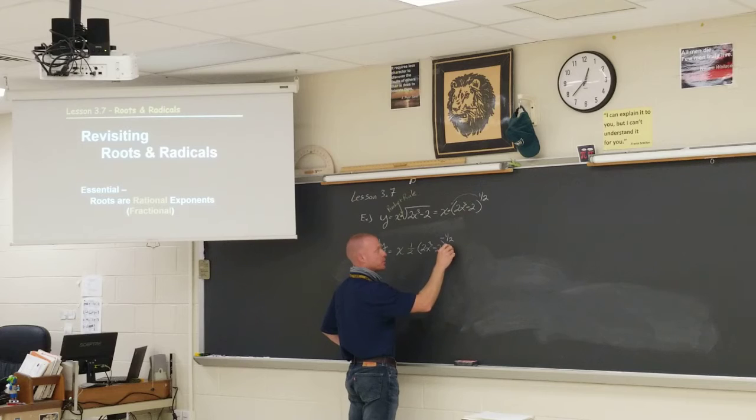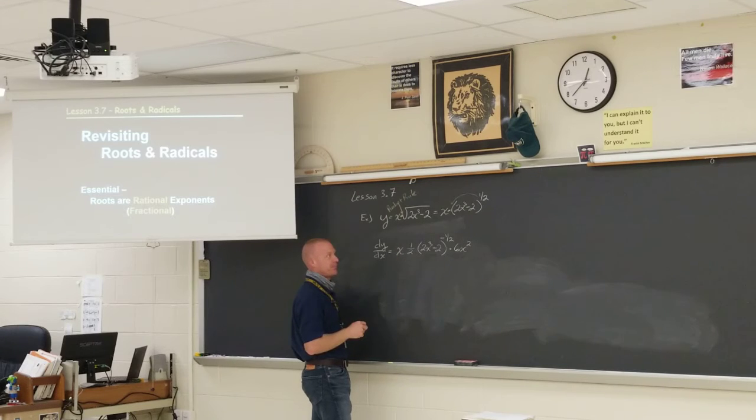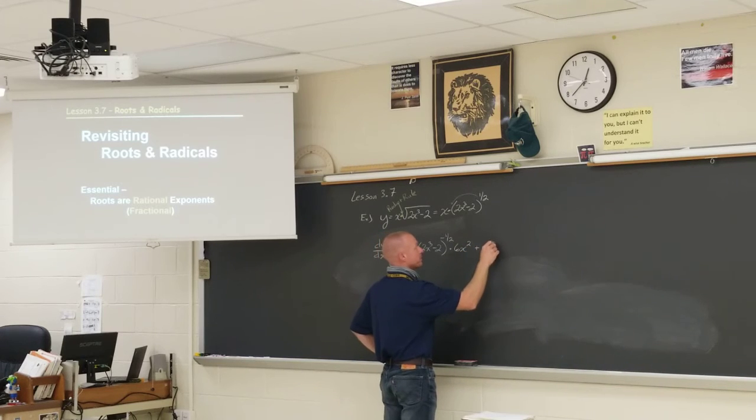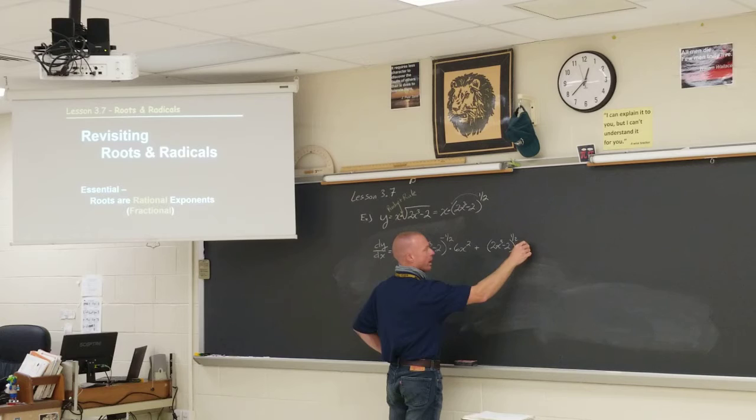Now we're still doing the derivative of the second, and that requires a little chain on the end of this, a 6x squared. So that's first times derivative of second plus second times derivative of the first, which will just come out to be recopying this 2x cubed minus 2 to the 1/2. Derivative of the first is just 1.